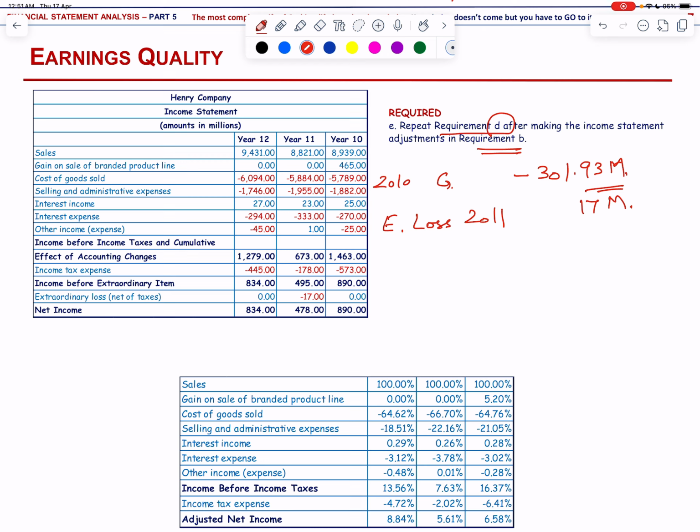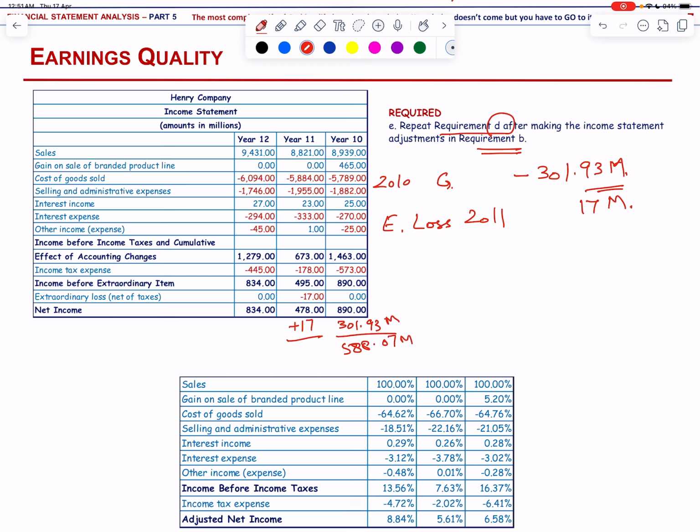So 890 is what we have as net income for year 10, and from this we are going to subtract 301.93 million. So this will be equal to 588.07 million.